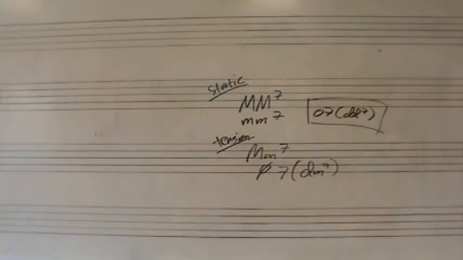Okay, so your first question should be, is this static, is this tension? I hear this as tension, specifically the 7th of the chord wanting to move down, together with the diminished triad. This gives us a diminished minor or half diminished sonority. Okay, let's try this one.